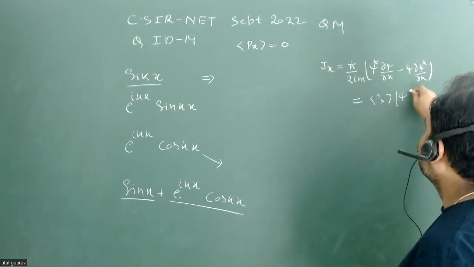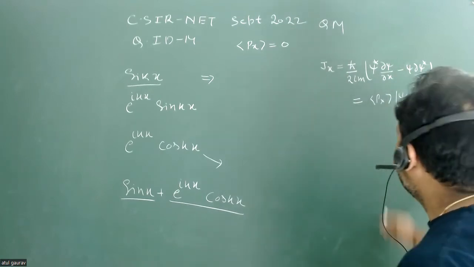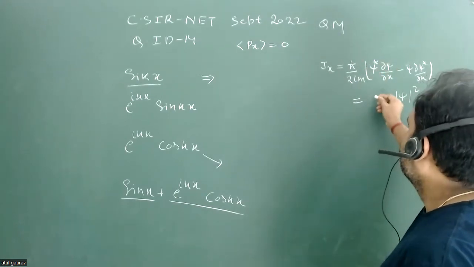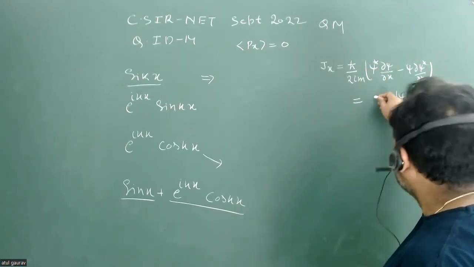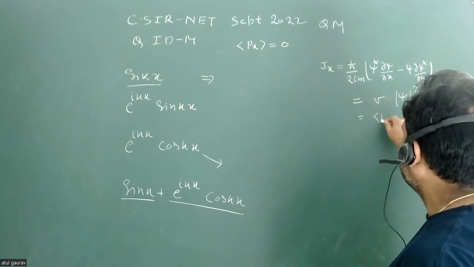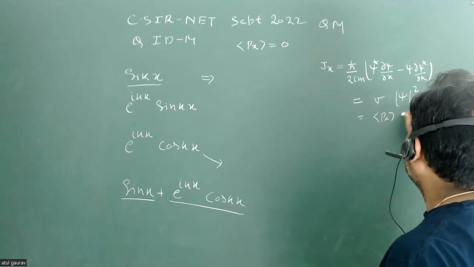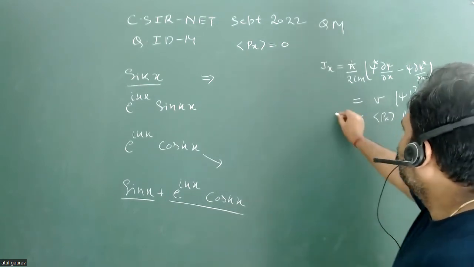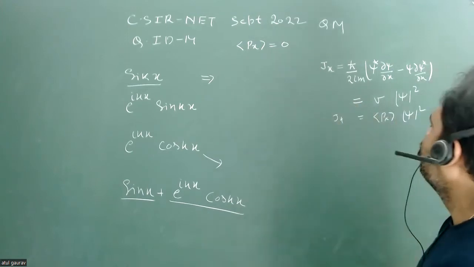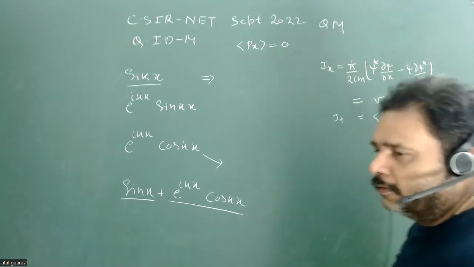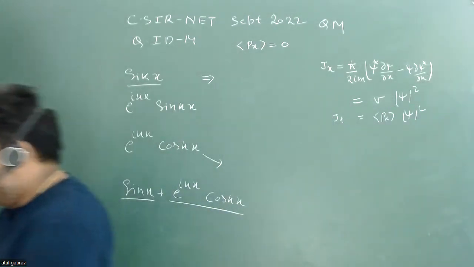The probability density is |ψ|², and this can be written as the velocity of a particle. So if the current density is 0, then obviously the average value of momentum is 0.